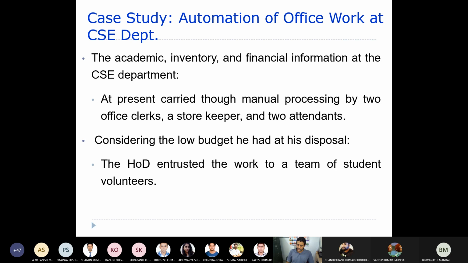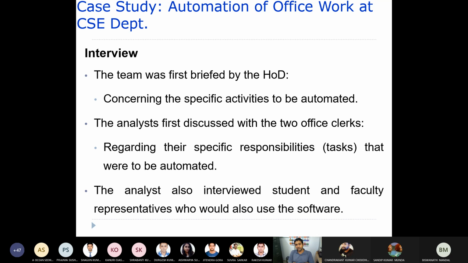Rather than outsourcing this sort of project to another company, we give this activity to our students only, because we do not have much budget. The team was first briefed by the HOD.